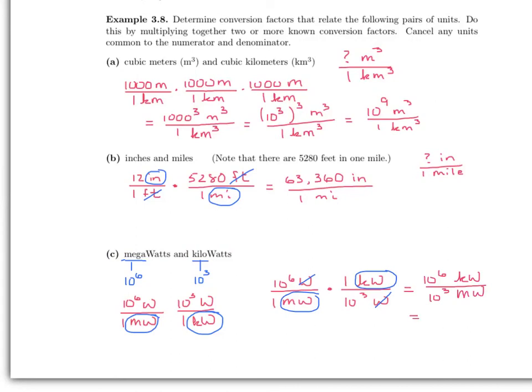Using our exponent properties, if we have 10 to the 6 divided by 10 to the third, we know we should be subtracting our exponents. So this simplifies down to 10 to the third kilowatts divided by 1 megawatt. So in other words, there are 1,000 kilowatts in 1 megawatt.